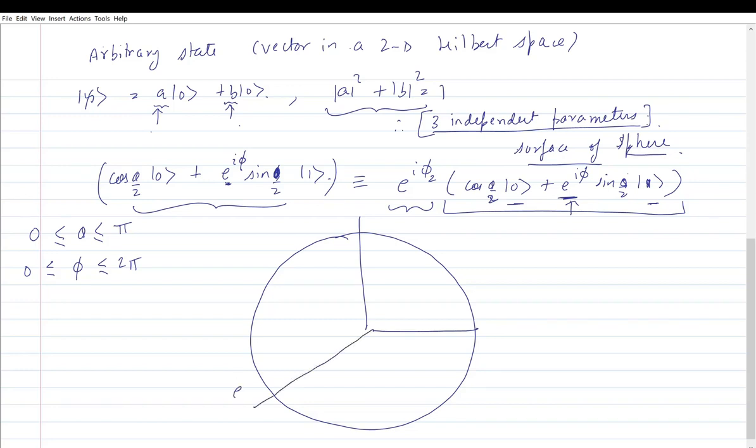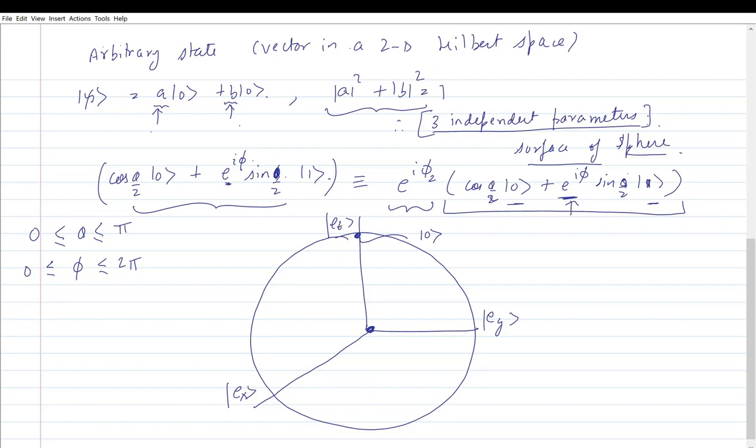I have the x-axis, the y-axis, and the z-axis. So this is my 0, and theta and phi now are the polar angle and the azimuthal angle.